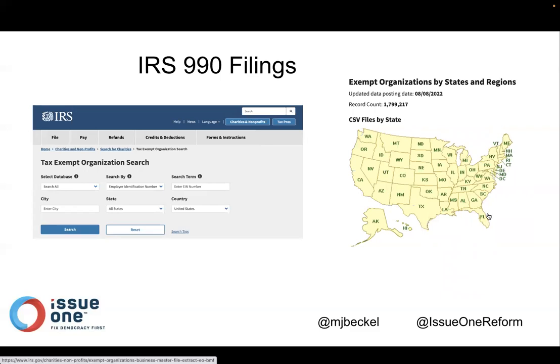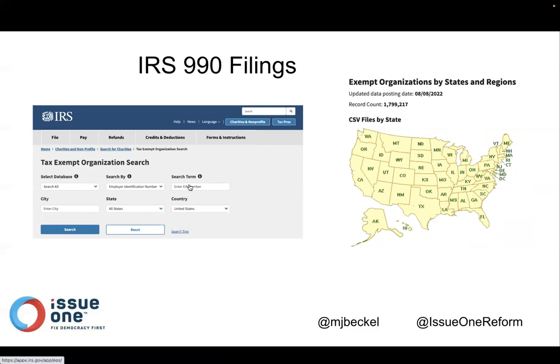You can download all of the nonprofits in a particular state and look for that nonprofit that you're interested in, see when they got tax exempt recognition from the IRS, see what their address is, see who might be connected to it in the official IRS paperwork and filings.